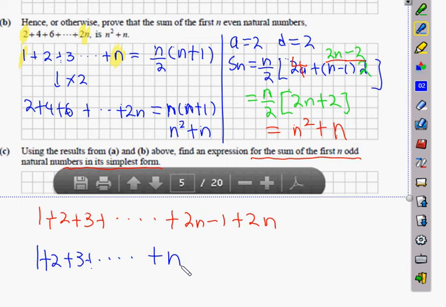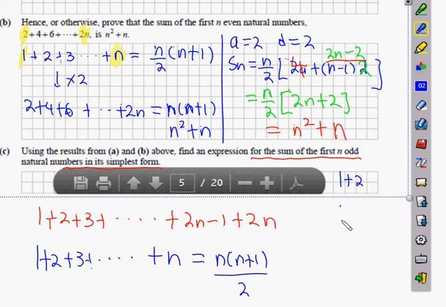So we know that this one here is, what was it at the very top again? n squared plus, is n over, n plus 1 all over 2.